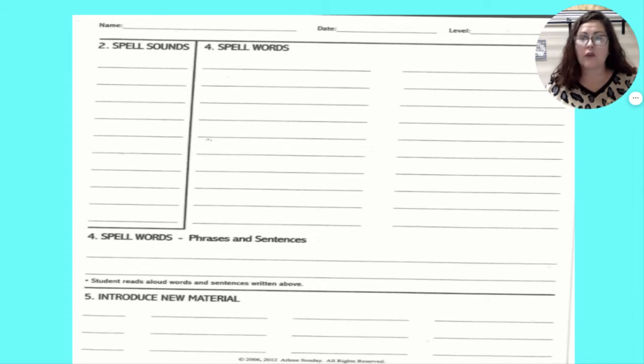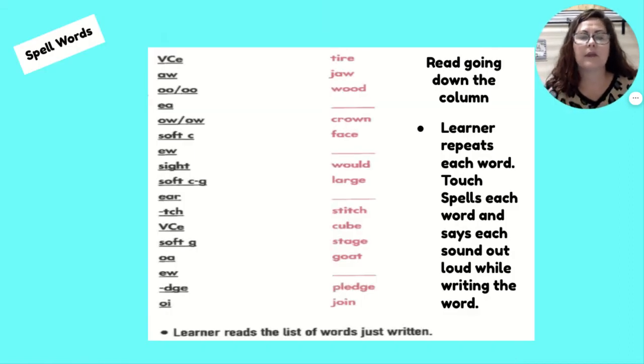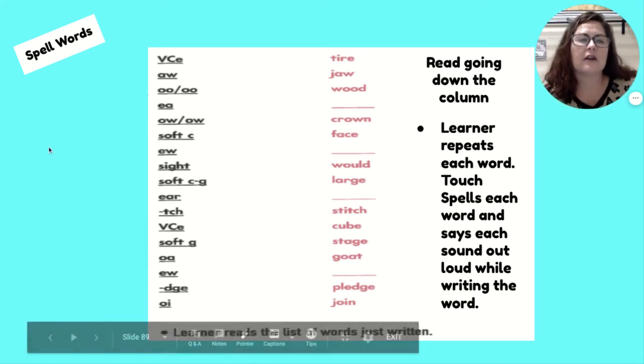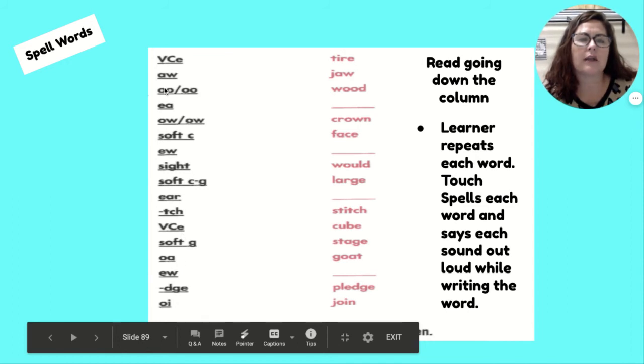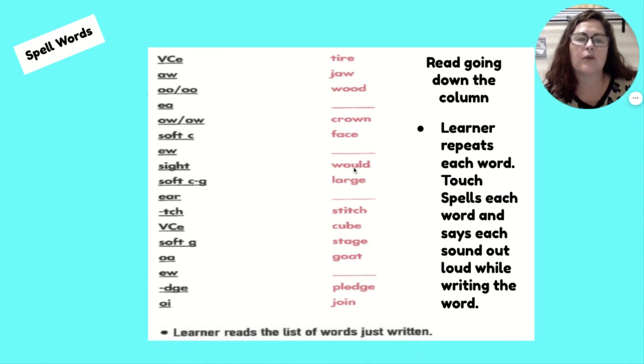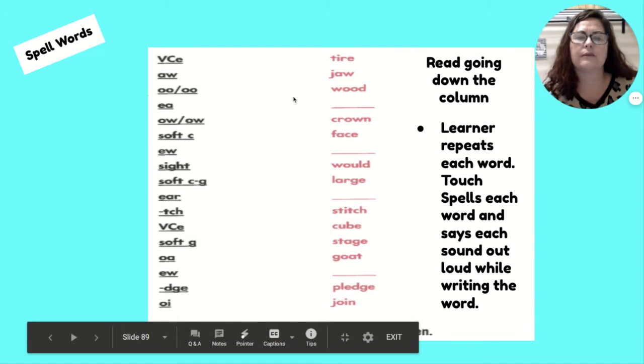Take a moment and look over the words you spelled. Do they look like they are spelled correctly? If not, make your corrections now. Okay, now we're going to check over the words that you were just given. Notice here on this side, it shows what we were taught and an example of a word that falls under that rule.